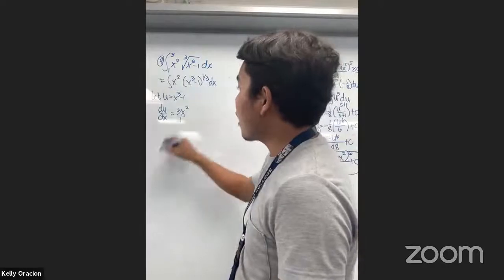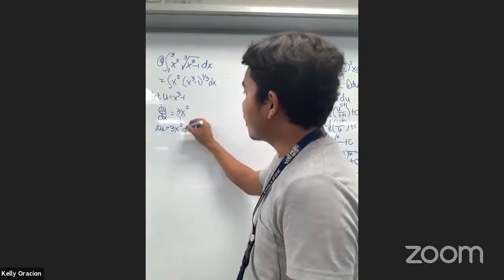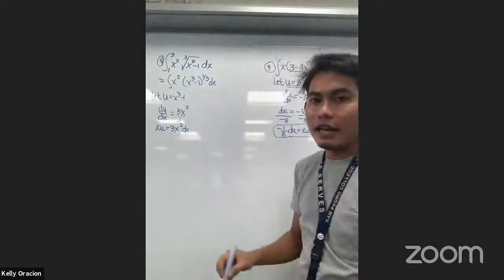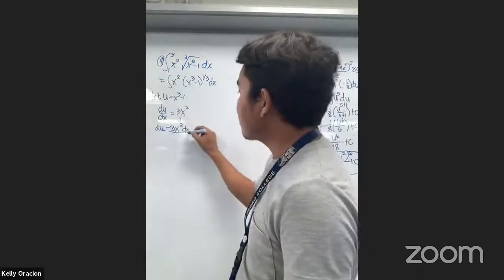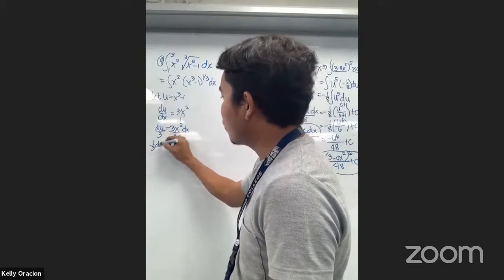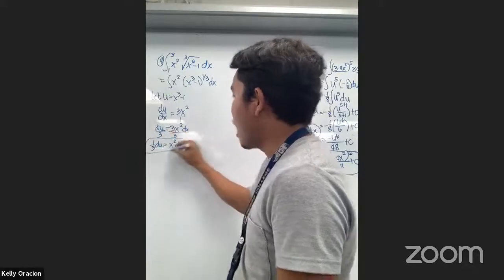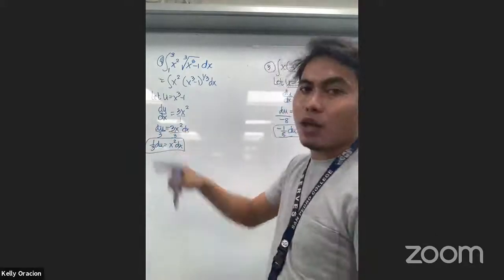Then, cross multiply, you have du equals 3x squared dx. Then divide both sides by 3. So, 1/3 du equals x squared dx. Our value of x squared dx is 1/3 du.